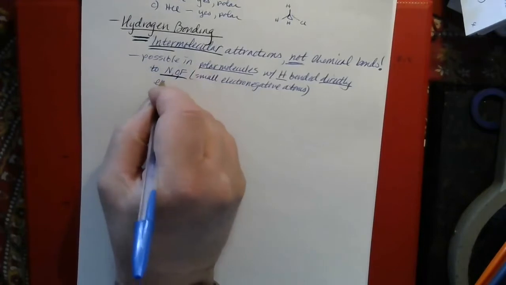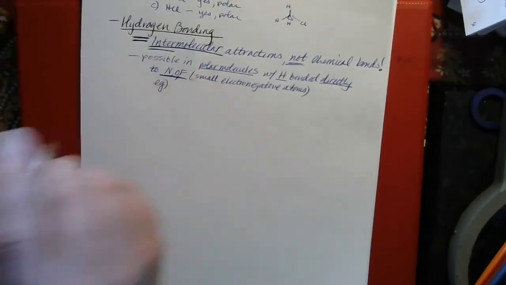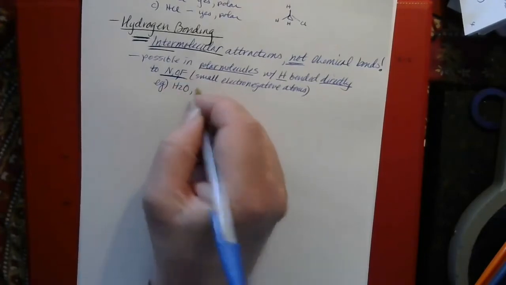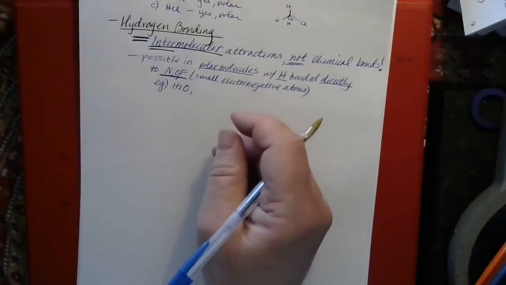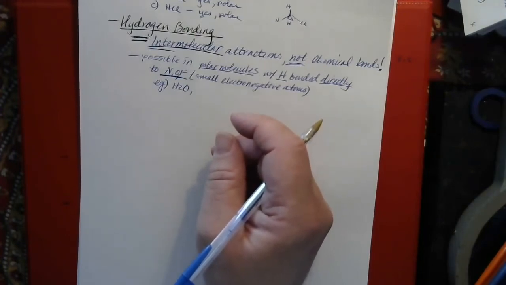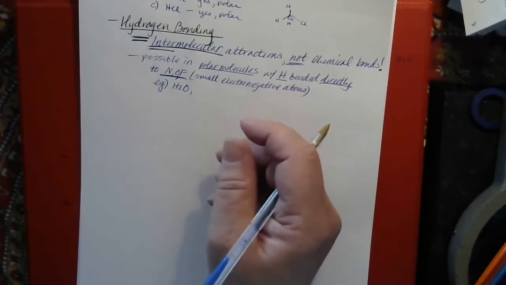So some examples of the types of compounds that can do hydrogen bonding. First of all, water. Hydrogen bonding is responsible for a lot of the important characteristics of water, like first and foremost, the fact that it's a liquid at room temperature and not a gas. Given its small size and small molar mass, by all rights, water should be a gas at room temperature.